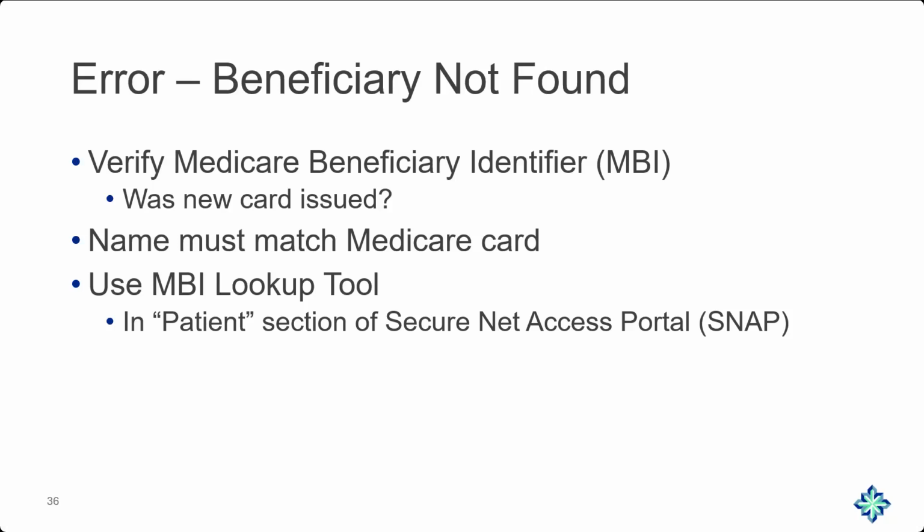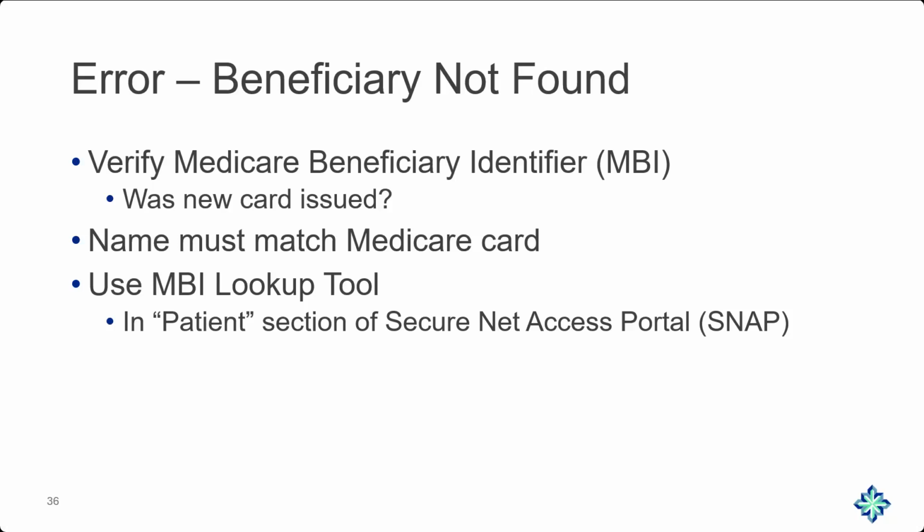Another option is to use our MBI lookup tool. It's located within the secure section of our website. We call that the Secure Net Access Portal, or SNAP. To use this option, you need to be registered and have a user account with us for the portal. It's easy to use, so I do recommend that you do that.